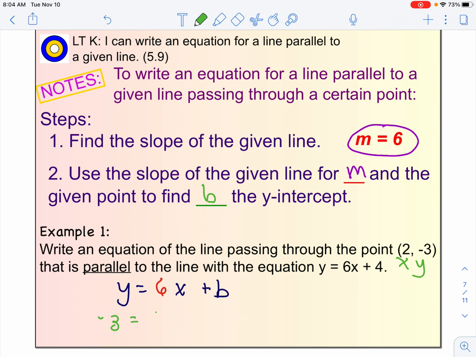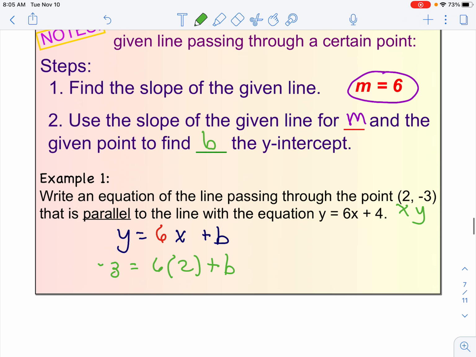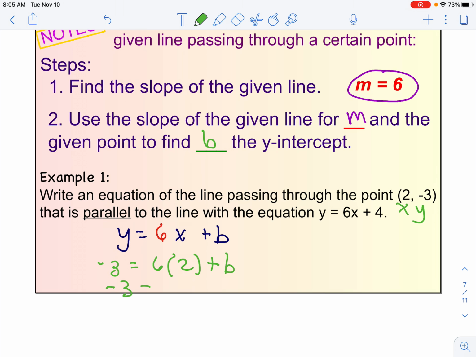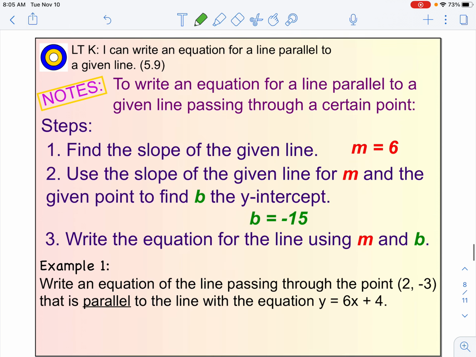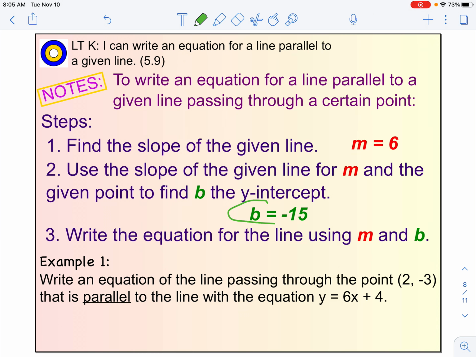So this would become negative 3 equals 6 times 2 plus b. So negative 3 is equal to 12 plus b. Subtract 12 on each side, and that gives us b equals negative 15. So now we have our slope and our y-intercept. So now we have enough to write our equation.